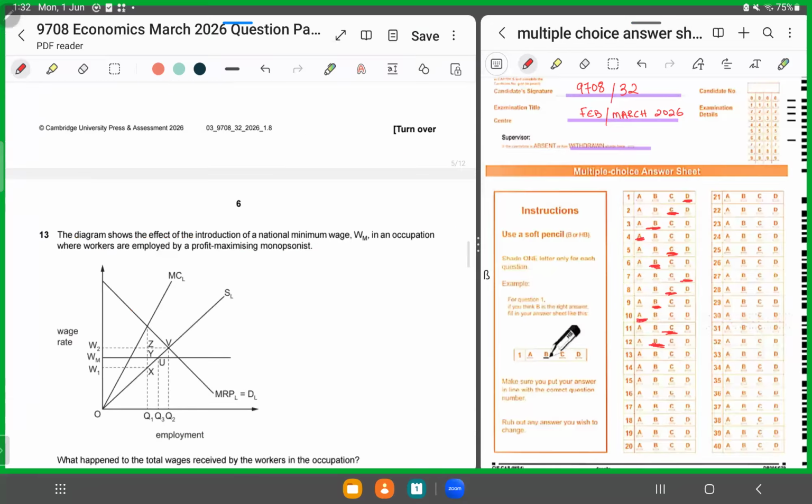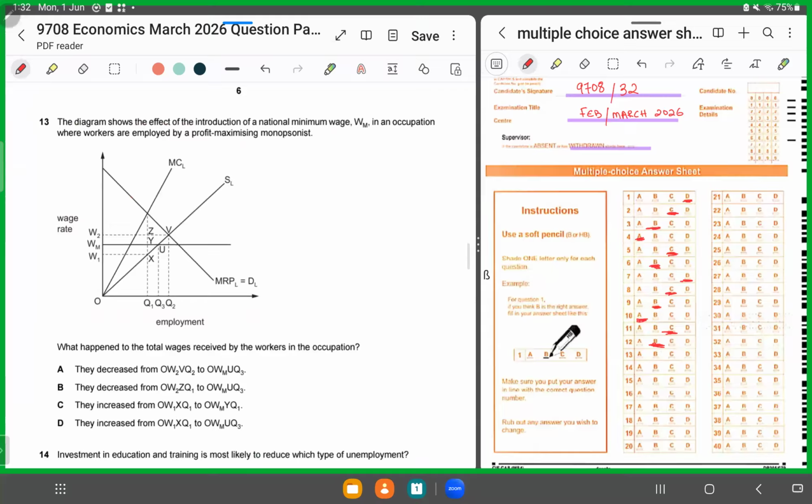Moving forward, MCQ number 13. MCQ number 13 says there was a national minimum wage of WM introduced. So this was the minimum wage in an occupation where workers are employed by profit maximizing monopolists. A monopolist is a single employer in the market for labor, and they are asking what happens to wages after the minimum wage has been established.